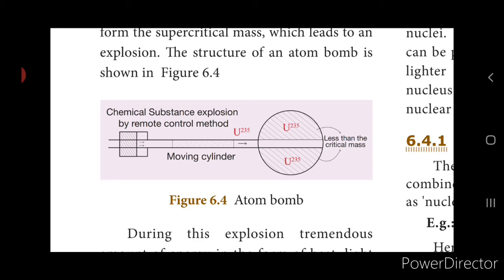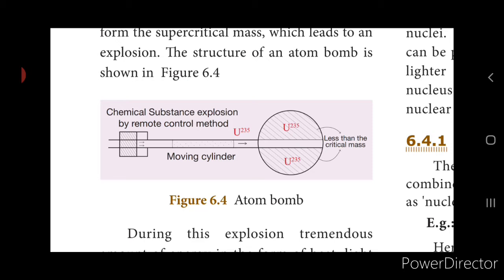So the atom bomb is based on the principle of uncontrolled chain reaction. Now in uncontrolled chain reactions, the neutrons multiply, so this releases a huge amount of energy, and it leads to explosion, because it gives a lot of energy in a very, very short interval of time.